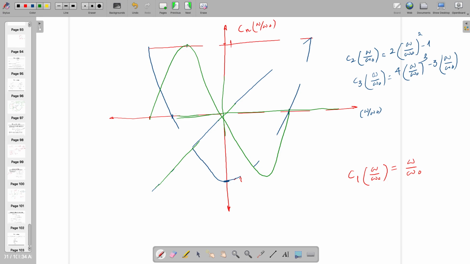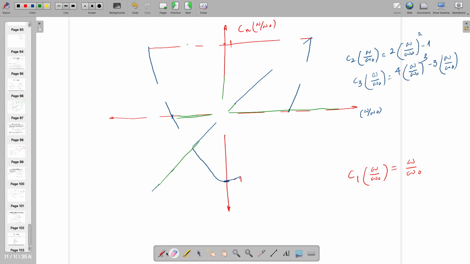In general, if you want to find out how many, is it correct? When it's -1, what is happening? We should have drawn this. What if my omega by omega naught is equal to -1, what is the value?